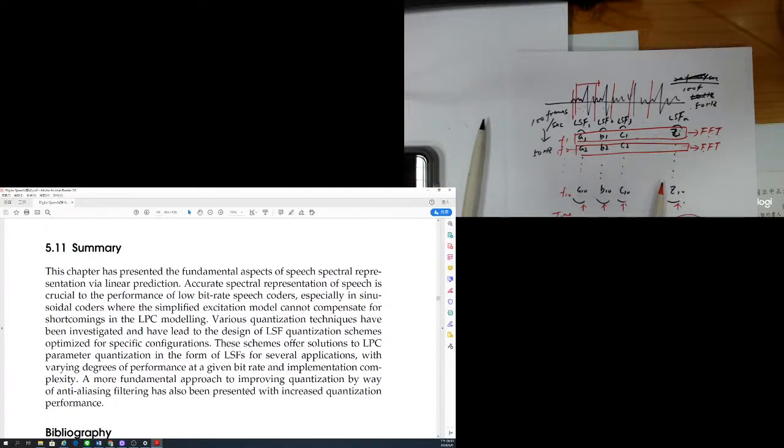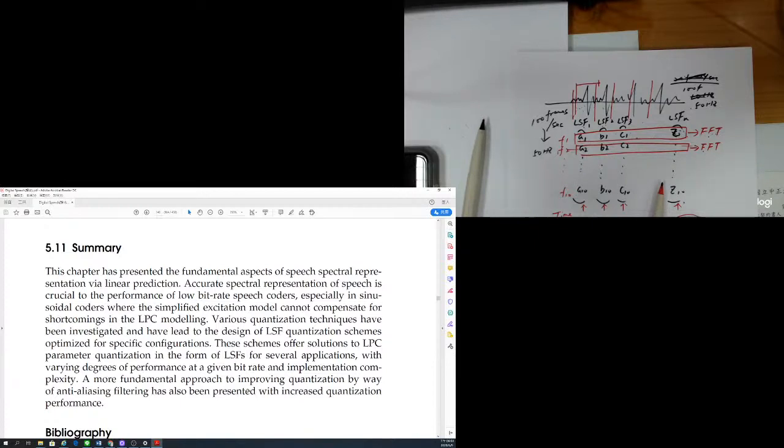They alternate between the P and Q. They have phase angles because their solutions are conjugate solutions. So we just encode their phase angle, and based on the phase angle, we can recover the original line spectrum frequency.